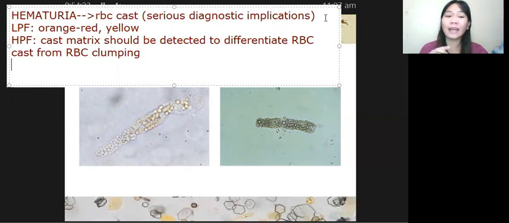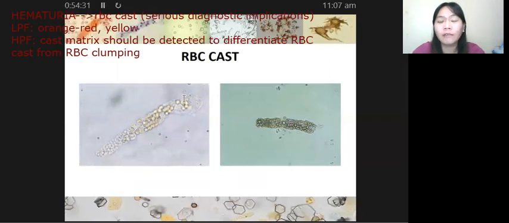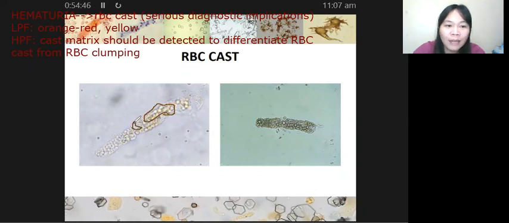Okay? And apart from that, dapat may makita kang matrix. Okay? Like for example, in this particular cast, okay? So, makikita mo talaga na merong mga RBCs. And apart from that, in certain areas of your cast, makikita mo yung matrix.